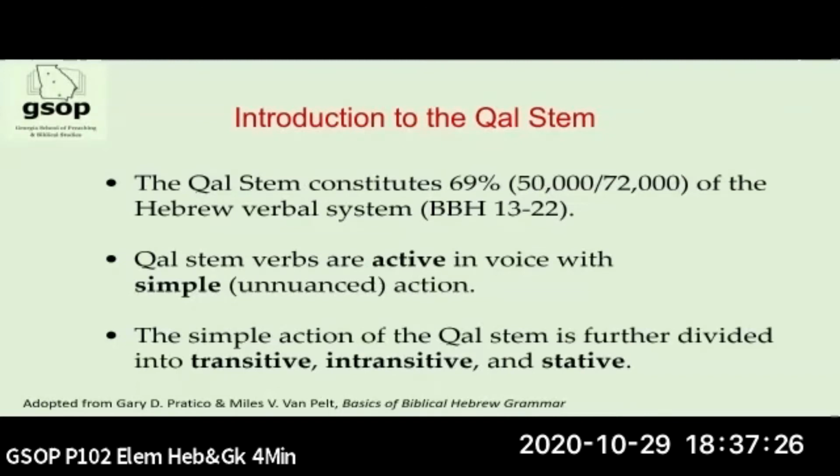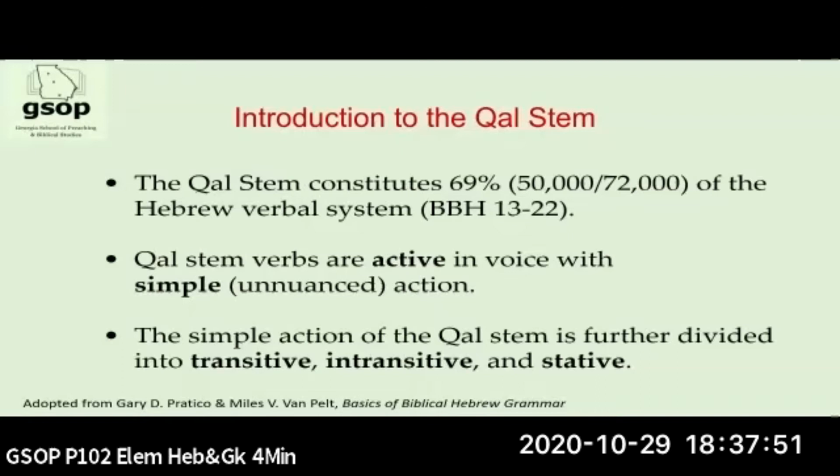And then the simple action of the Qal stem is further divided into transitive, intransitive, and stative verbs. That's the same in English and it's the same in Greek. A transitive verb does what? It has a direct object; the action of the verb is being done to an object.